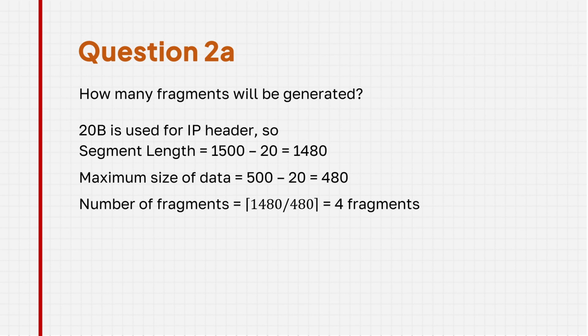And the maximum size of data we can send for each fragment is equal to your MTU of 500 bytes minus the IP header of 20 bytes. So you can only fit 480 bytes of data within each fragment. Hence, we need to split this into 4 fragments, which is taking the ceiling of 1480 divided by 480.